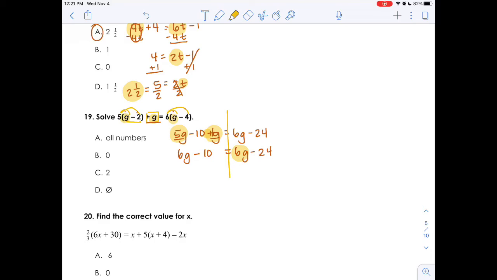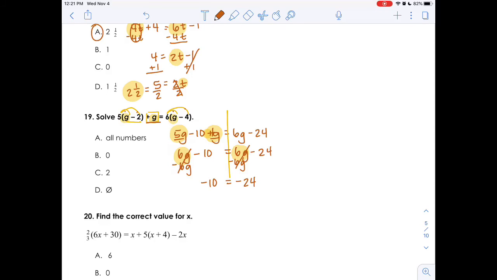So the next thing that you might try to do is get your g's together. So I'd subtract 6g from both sides. Well, what happens here, 6g minus 6g is 0, and 6g minus 6g is 0. So all I'm left with is negative 10 equals negative 24.